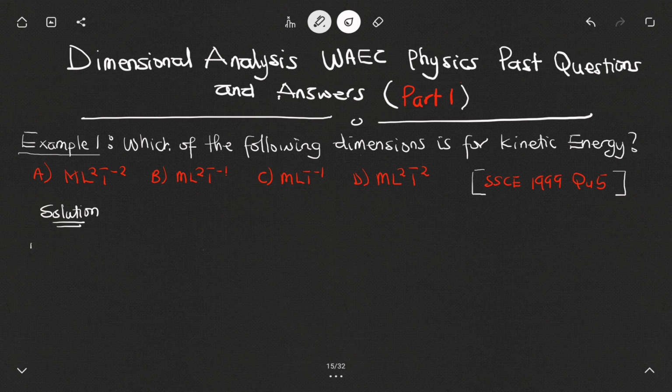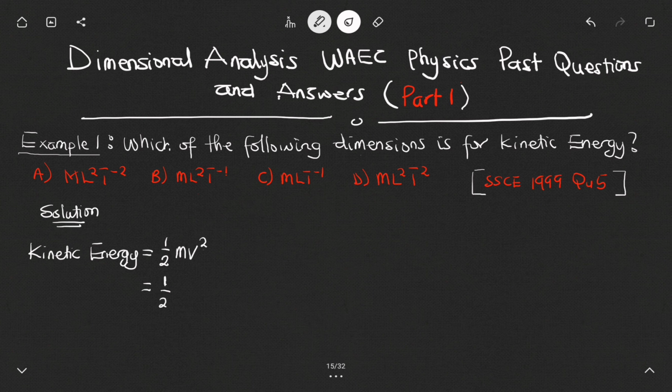Kinetic energy is the energy possessed by a body by virtue of its motion. It is given mathematically as half mv squared. We maintain our half.